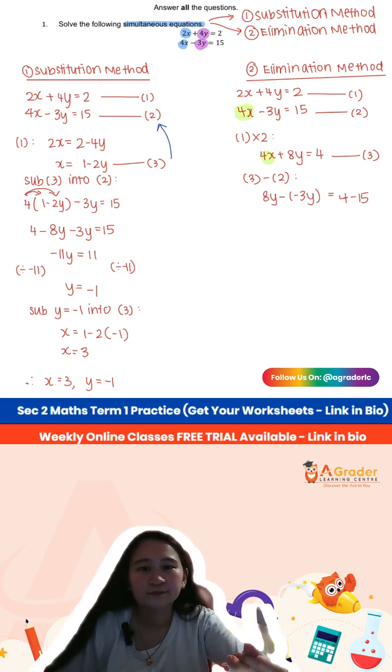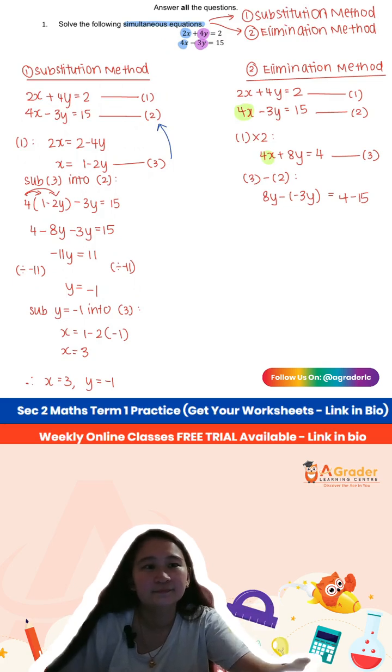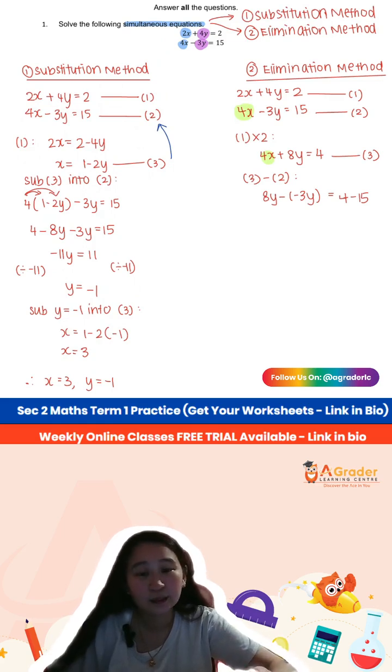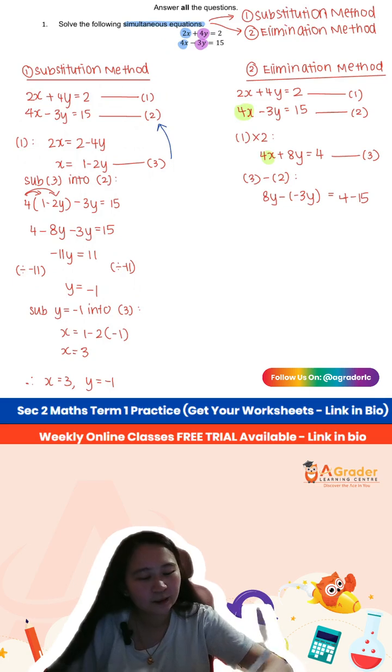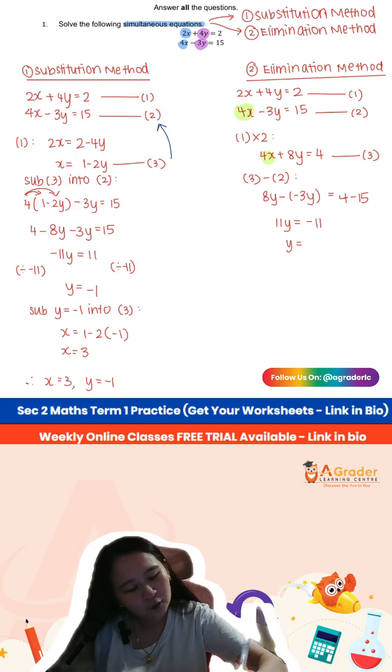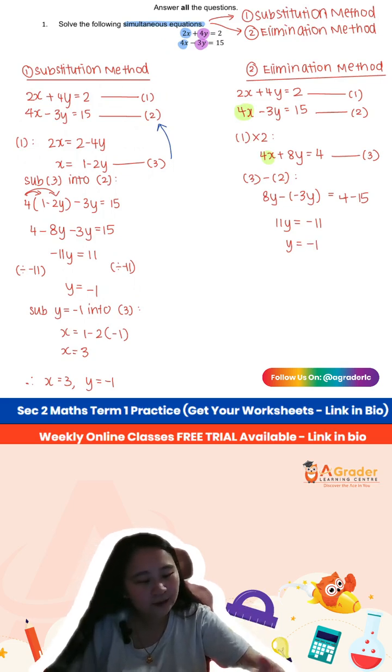Okay, then we can solve for y here. So 8y minus negative 3y is 11y equals to 4 minus 15, negative 11. Therefore y is -1.